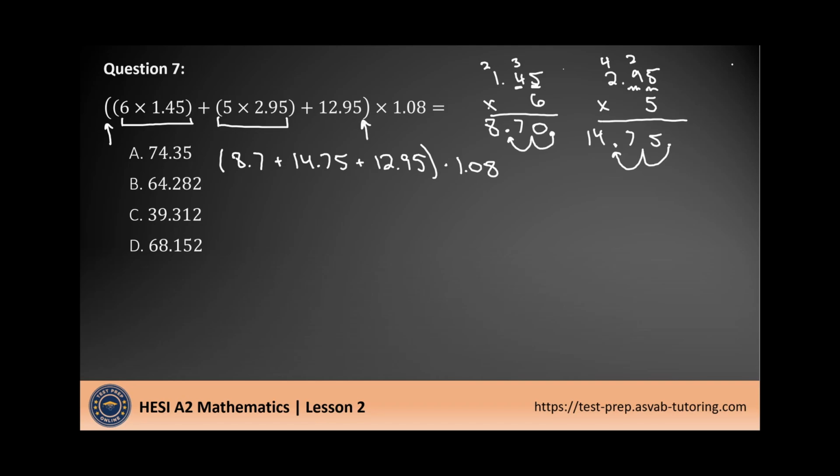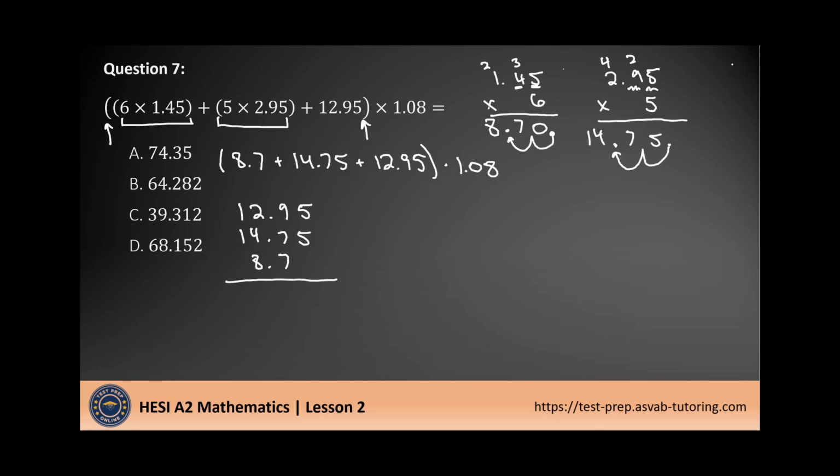We're going to do that by lining up our decimals. The order doesn't really matter, but I'm going to start with 12.95, 14.75, and lastly 8.7. So pay very close attention.